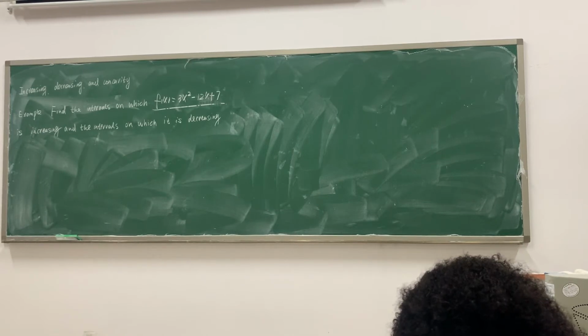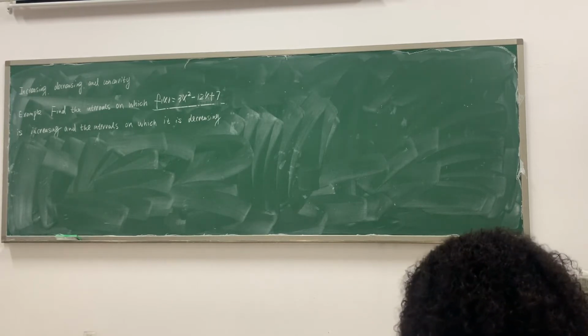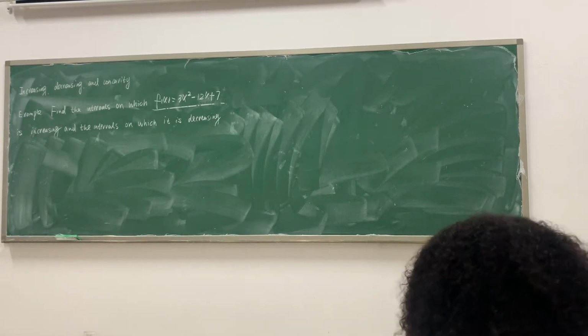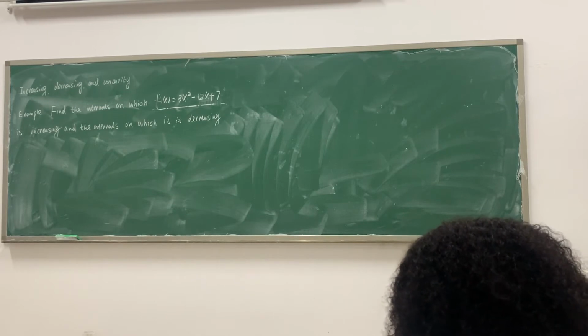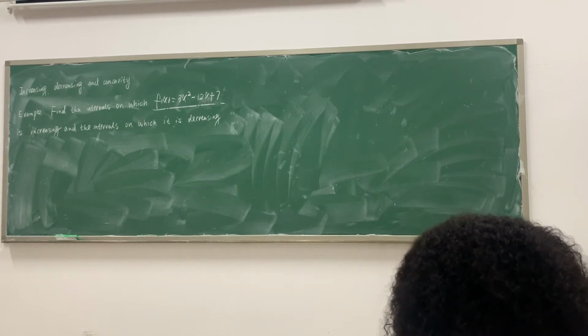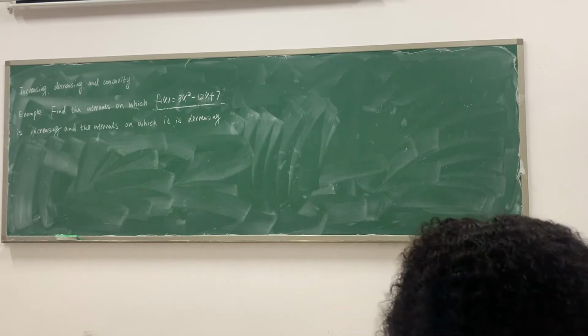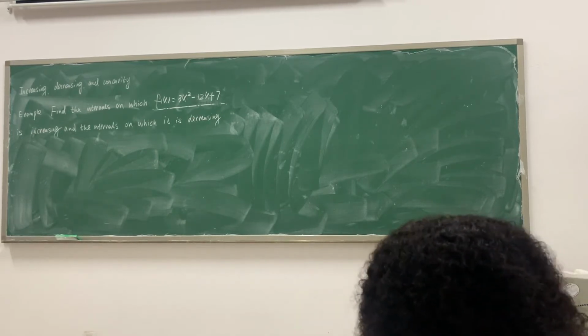You just need to see where f prime equals 0, which is the point on the x coordinate 2. So we have the interval minus infinity to 2.